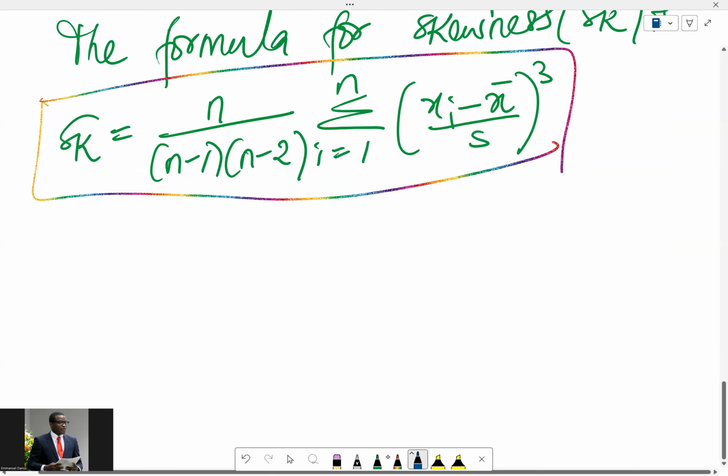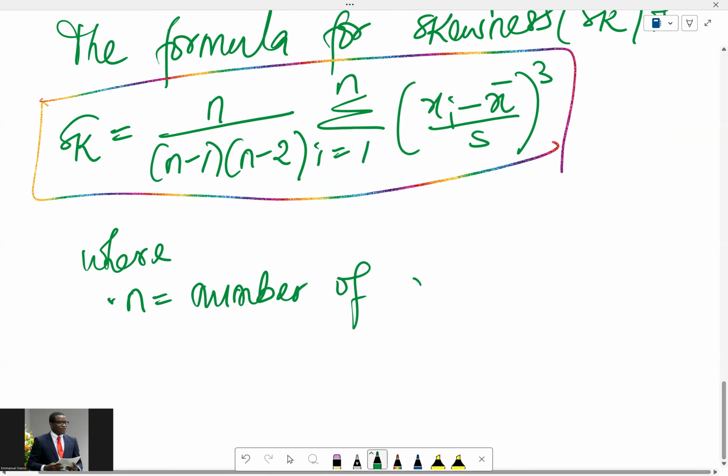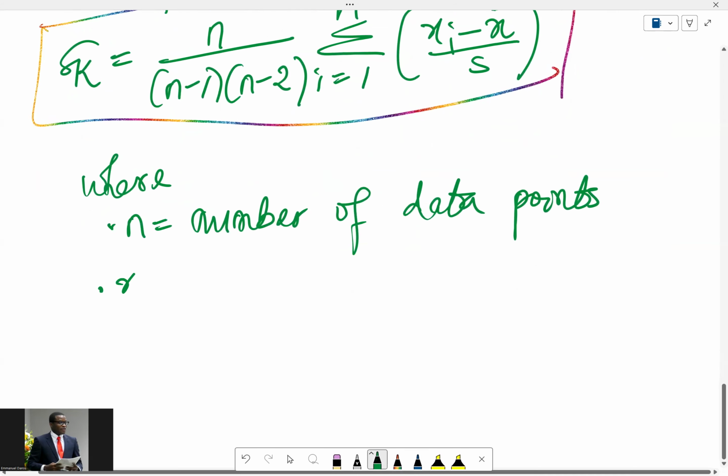But what do the terms mean? Where n is equal to the number of data points. Then you have xi, which is each individual data point.